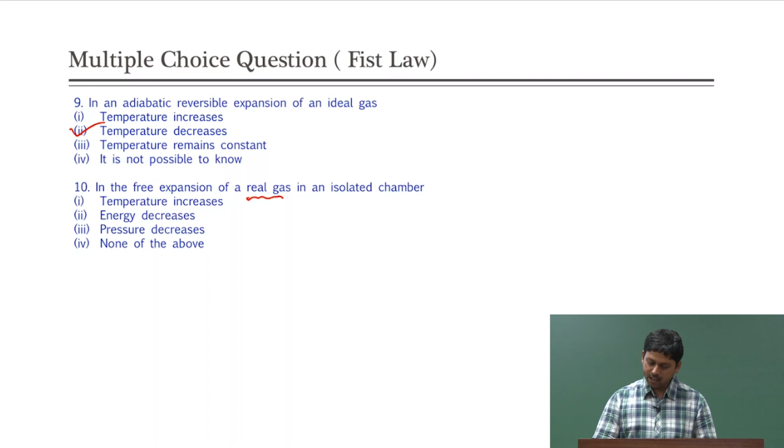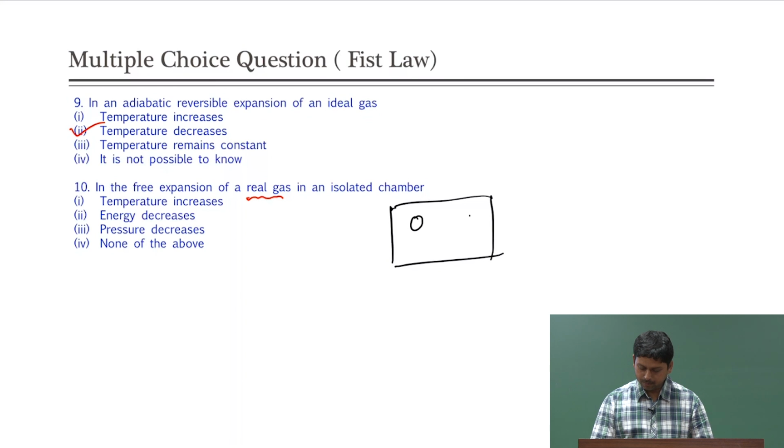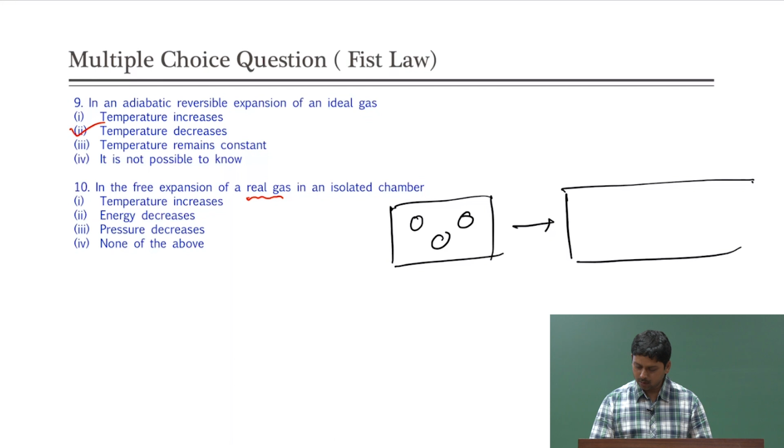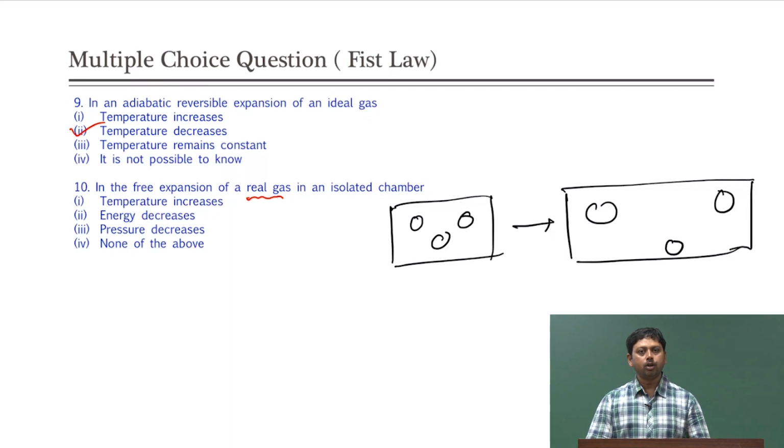In case of real gas, what happens is that initially the particles were close together, and then when the expansion happens they become far separated. So, these particles overcome the attractive interaction between them, and therefore the system does some work.